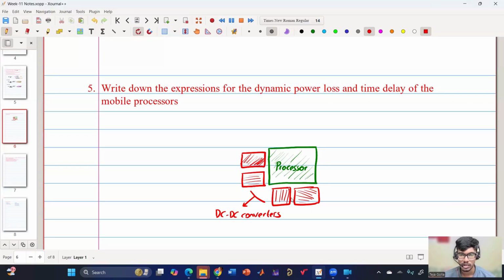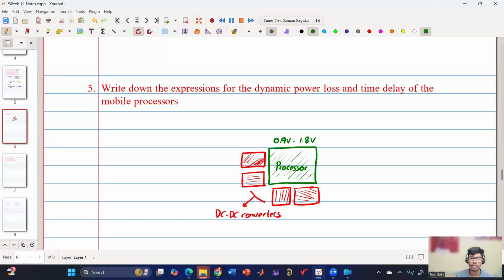Now that this game is going on, the processor will draw the current, and it also has a certain voltage. Say it is 1 volt. The voltage of the processor sitting inside our mobile phone can vary from 0.9 volt to around 1.8 volt.